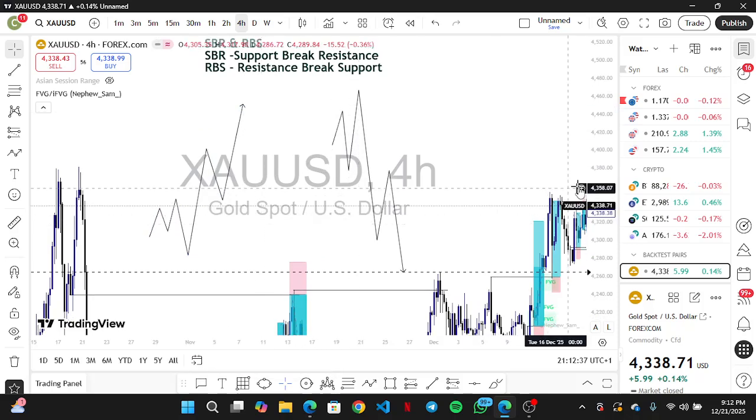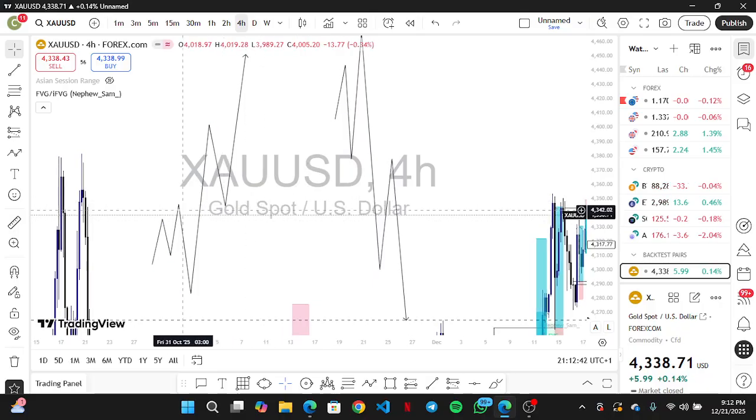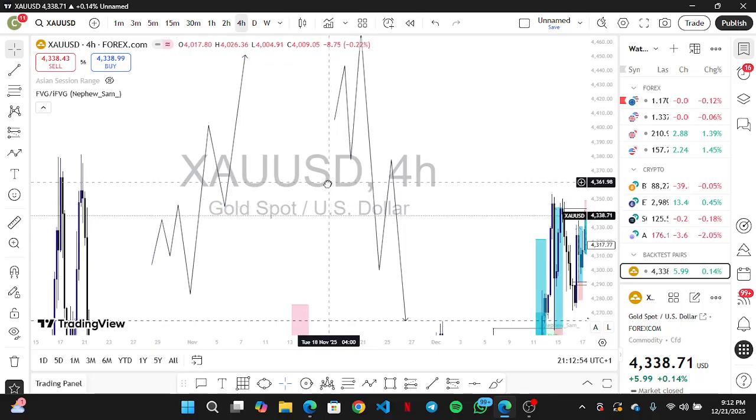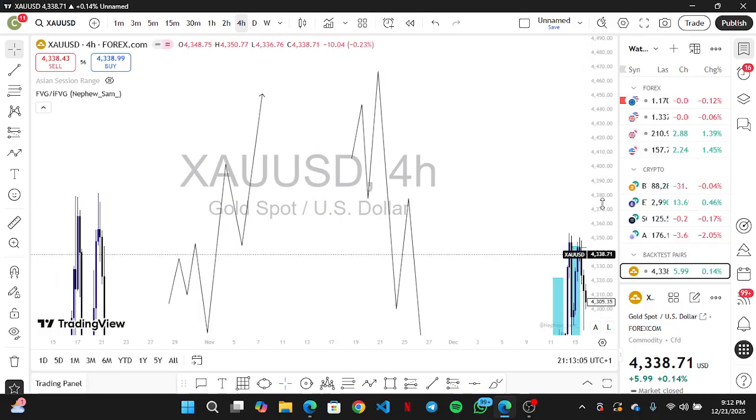Now basically what I drew out, talking about resistance. Resistance is a level on the chart where price tanked, price went below from that level. So that top is called a resistance, while support is an area on the chart where price shot up from, where price bought from or rallied up from, whatever English you want to use.